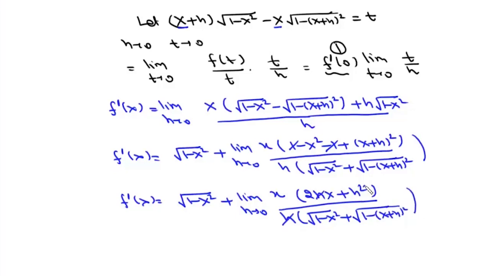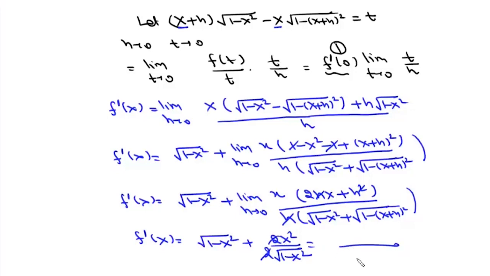Now we'll cancel this h and we'll put this limit h tends to 0. So we'll get this f dash x as under root of 1 minus x square plus 2x square upon 2 times under root of 1 minus x square. Now this 2 and 2 will cancel.